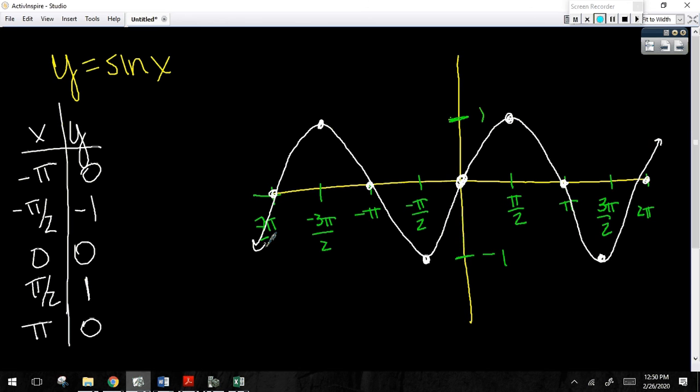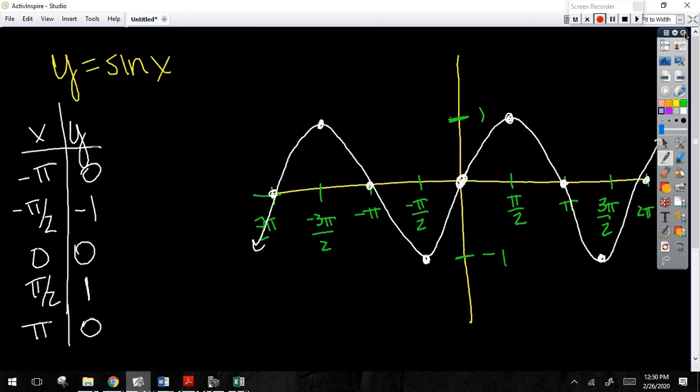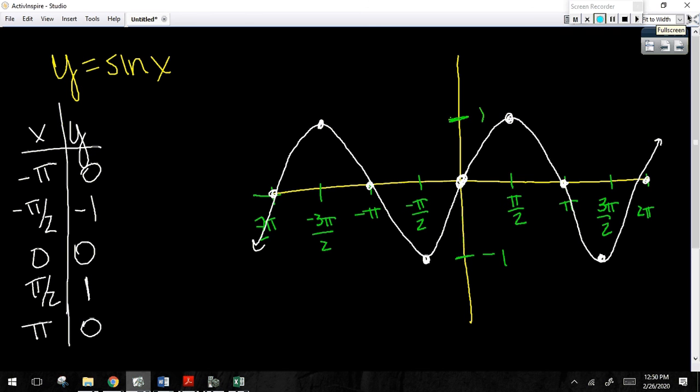Okay? I know. I told you today's were not going to be fun. Looking at this, what is the domain? Left or right? Absolutely. Negative infinity to infinity. Is this a function?